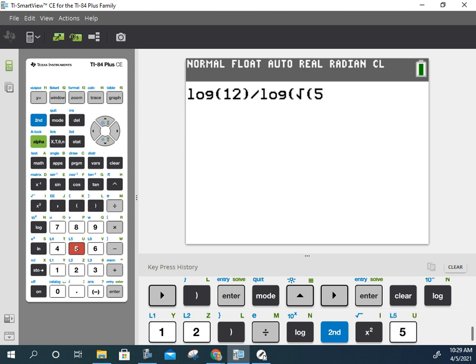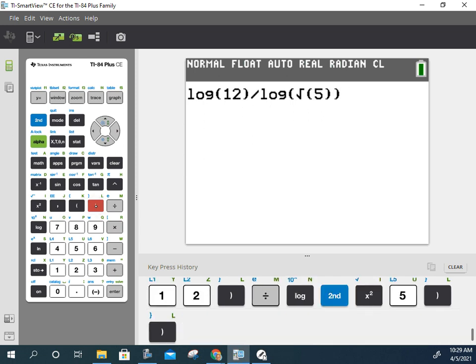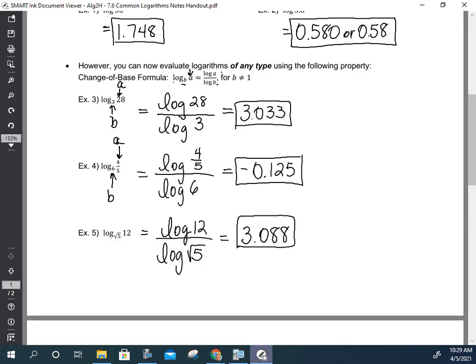Put your 5 in there, close the parentheses for the square root, close parentheses again to take care of the log. The last parentheses might not make a difference, but that's just to be safe. But sure enough, you should get the same answer. Any questions?